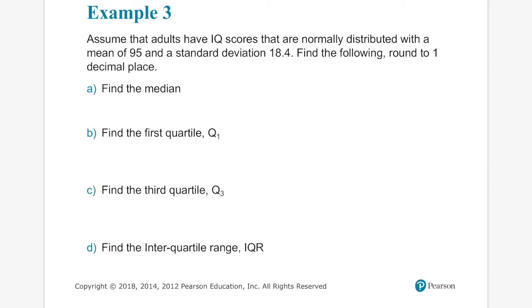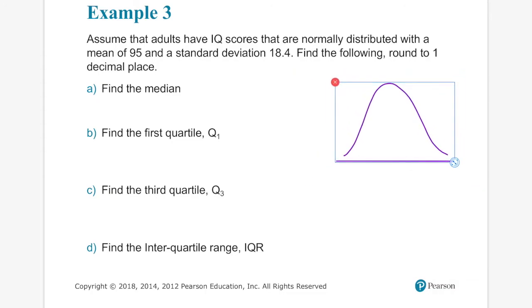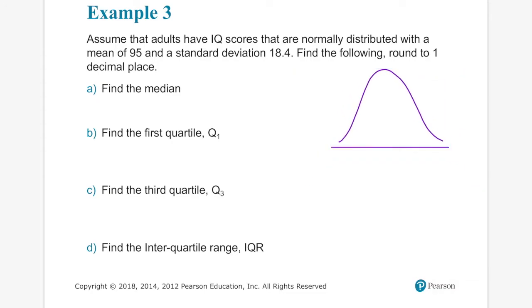Example 3. Assume that adults have IQ scores that are normally distributed with a mean of 95 and standard deviation of 18.4. Find the following. Round to 1 decimal place. I have a normal distribution. Everything on the horizontal scale represents my x, which is the IQ scores.